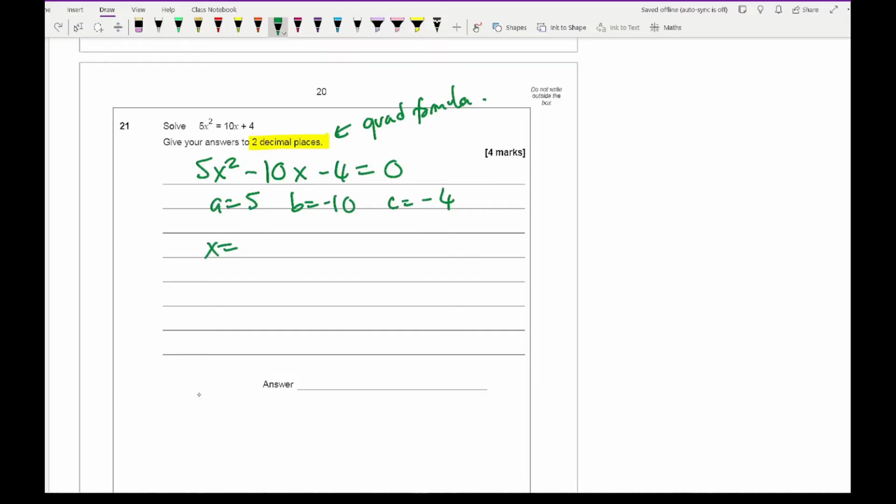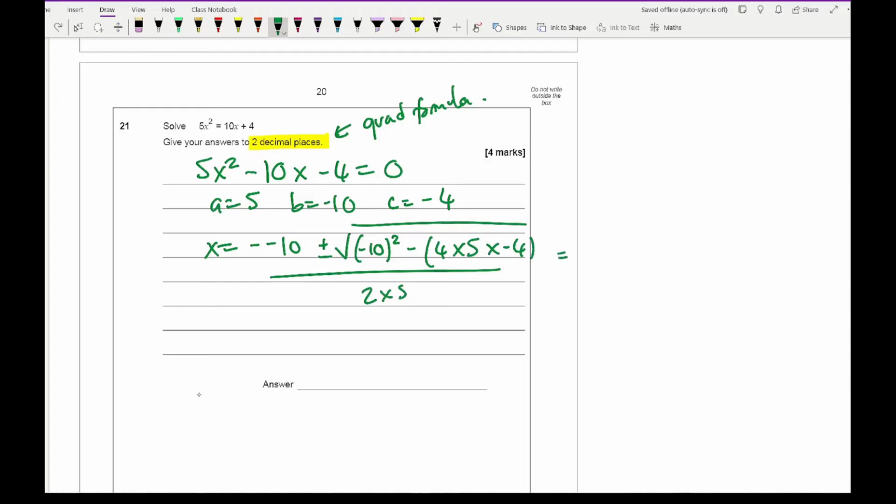So x is going to equal, and then substitute it in, I get minus minus 10 plus or minus the square root of minus 10 squared minus 4 times 5 times minus 4, all over 2 times 5. Now personally I would simplify that first. So here we've got 2 minuses make a plus, so that's 10, plus or minus, and I've got 100 minus 4 times 5, which is 20, times minus 4 is minus 80, over 2 times 5, which is 10.